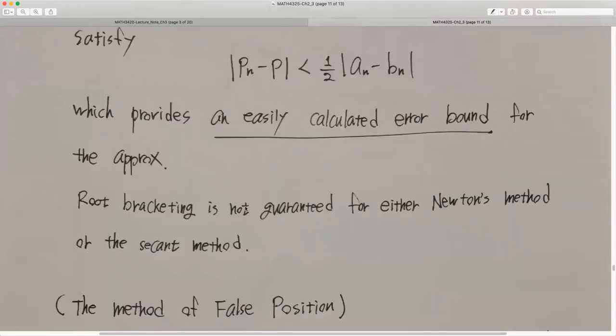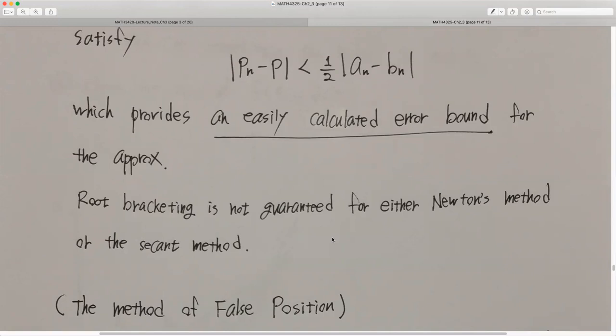So root bracketing is not guaranteed for either Newton's method or the secant method. Yes, Newton's method and secant are powerful. But in view of error estimate, Newton's method or secant method doesn't guarantee the root bracketing, so it's hard to do error estimate.